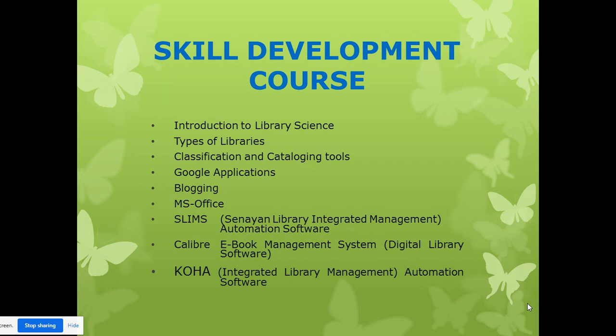So I think in 40 days these are enough. I have selected major topics for these 40 days, and I hope that you will be connected till the last lecture, till the last video of this course. So let's go and start our first lecture about introduction to library science.